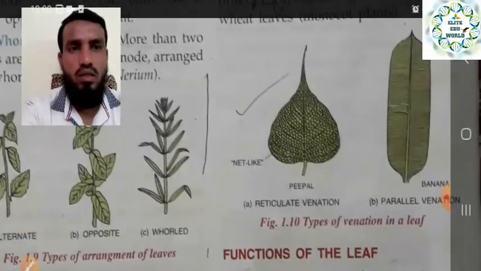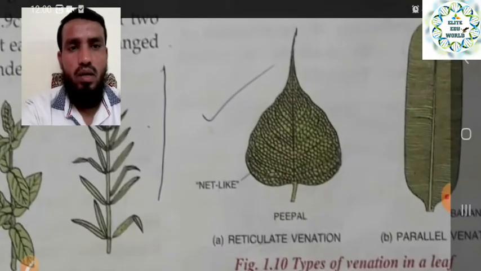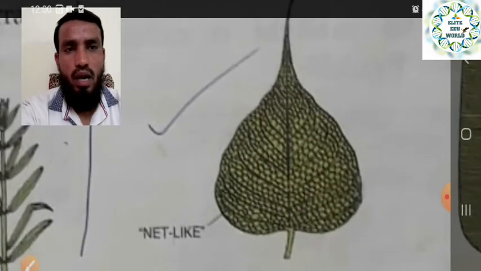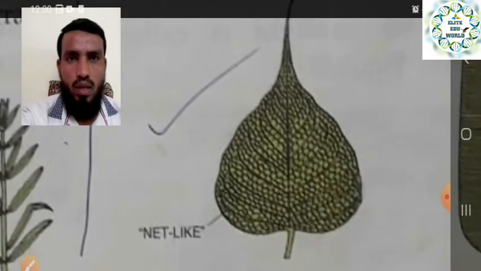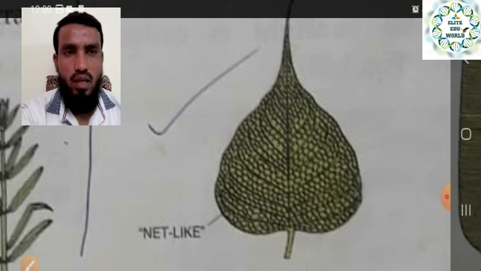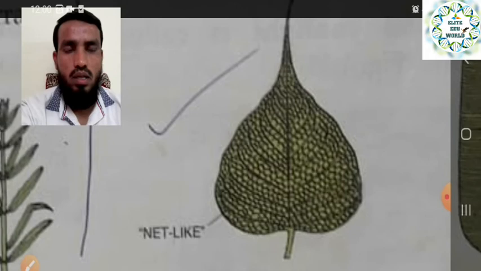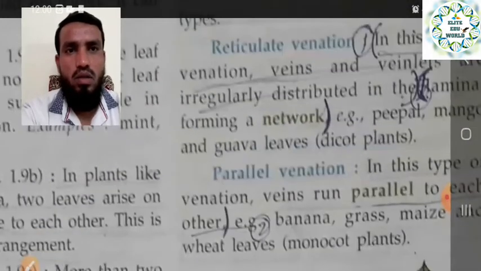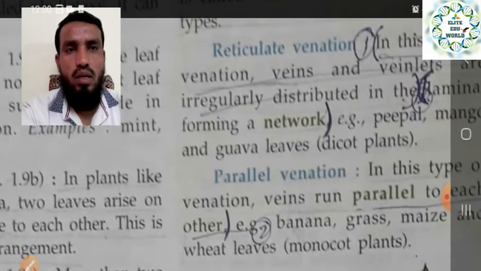If you see this, this is an example of reticulate venation. This is the leaf of the peepal. In that you can see the random presence of the veinlets when it is divided into smaller branches. There is an irregular distribution of the veinlets, and that is why it is called reticulate venation.